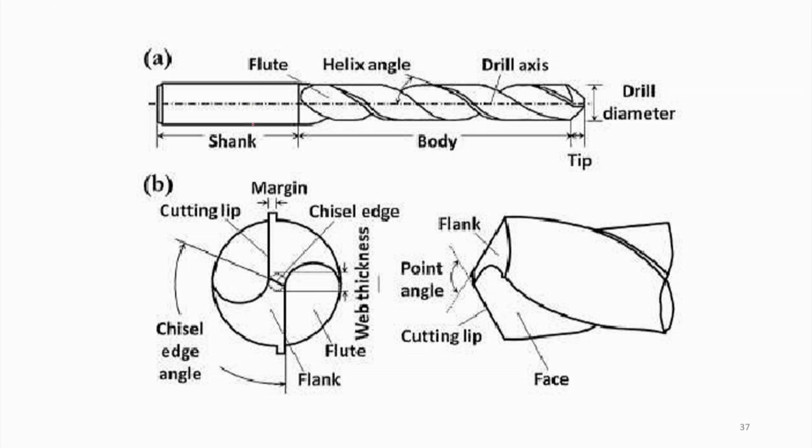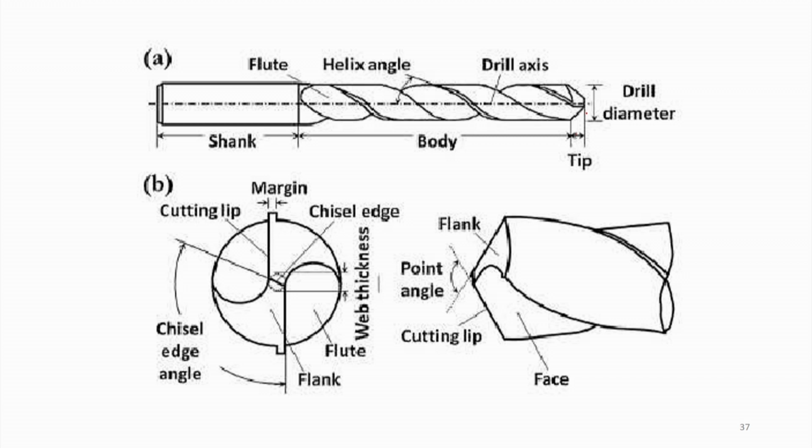This portion is called the shank, which fits in a shank holder. These are the flutes on which chips will move, and they are inclined. This is the helix angle, and this is the drill axis. This is the drill diameter, and this portion is called the tip.